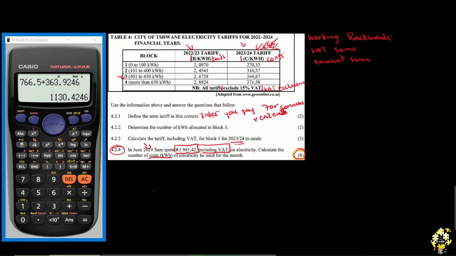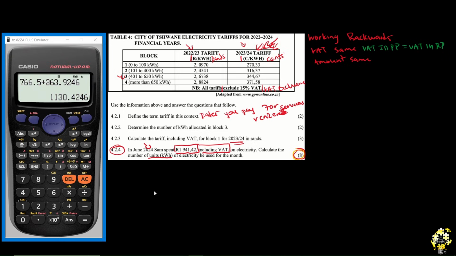I'll explain what I mean so that it makes sense. When I say VAT has to be the same, if it's VAT inclusive on the purchasing price, then it also has to be VAT inclusive on the rating price.